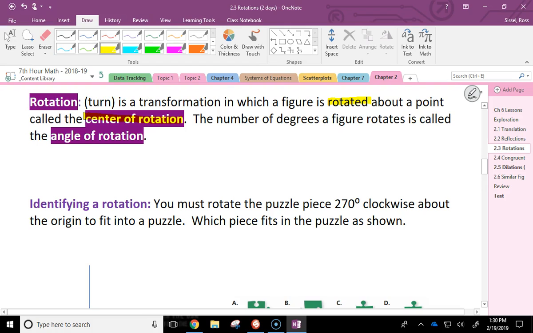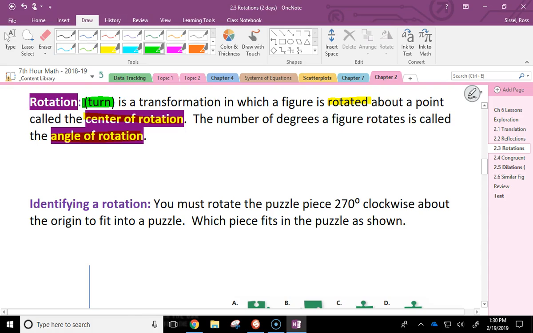The number of degrees a figure rotates is called the angle of rotation. It is also called a turn. This is still not that first part, so we'll fill that out. This is different from rotating.